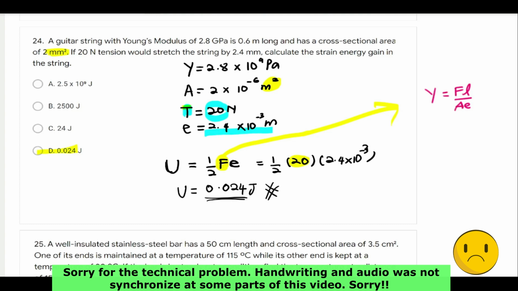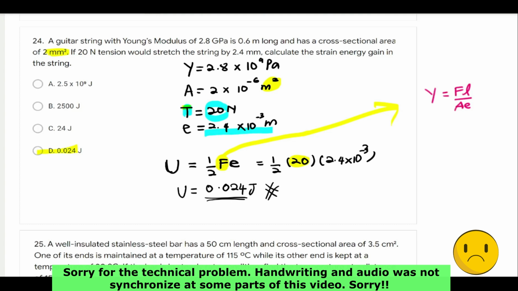So kalau kita kira F kita iaitu YAE over L, kita akan dapat nilai force kita samalah 20 Newton, which is the Young modulus is 2.8 exponent 9, darab dengan area 2 times 10 power of negative 6, and e is 2.4 exponent negative 3.